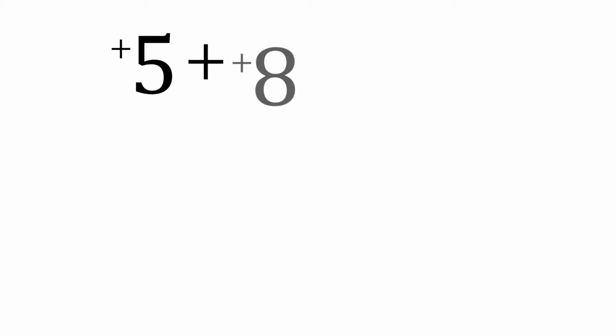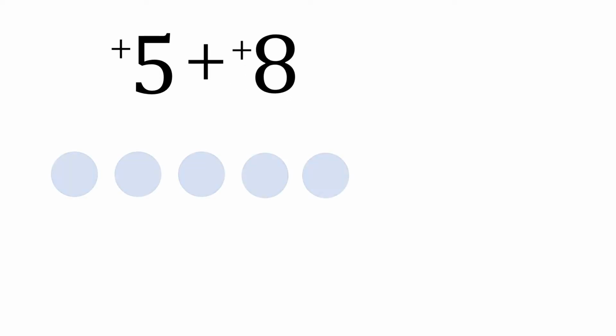So let's say, for example, positive 5 plus positive 8. So let us visualize this through these figures. So we have some circles. A blue circle represents a positive number. And we have 5 positive numbers representing positive 5.